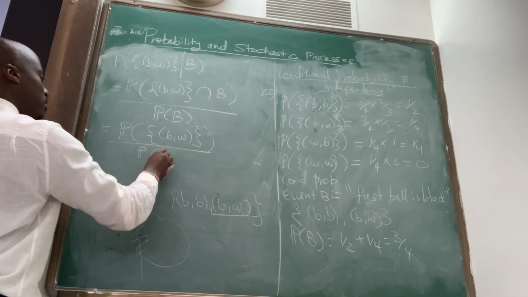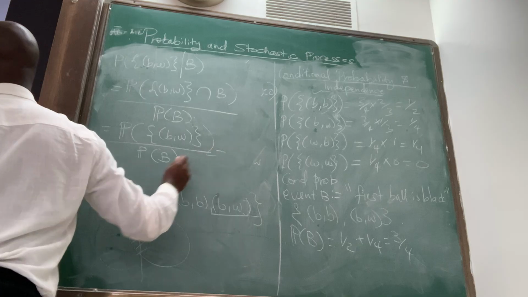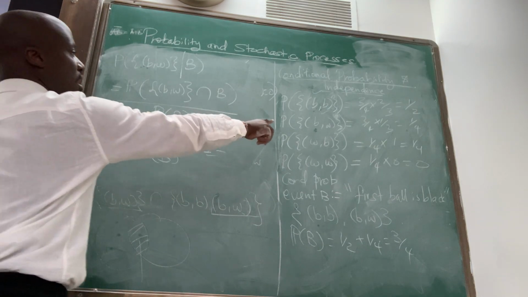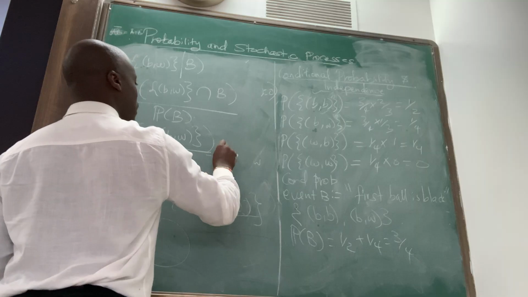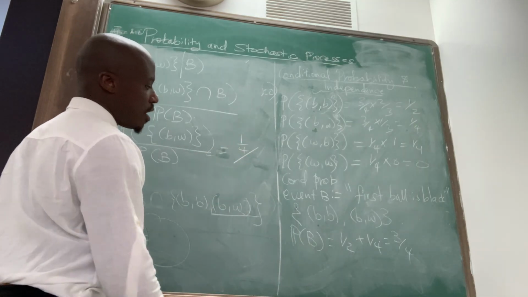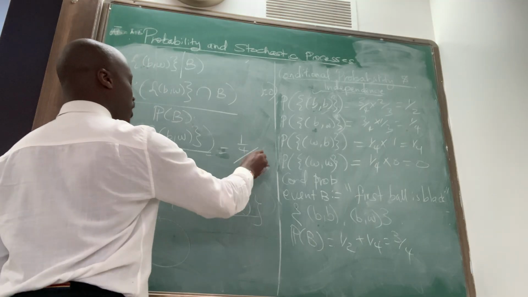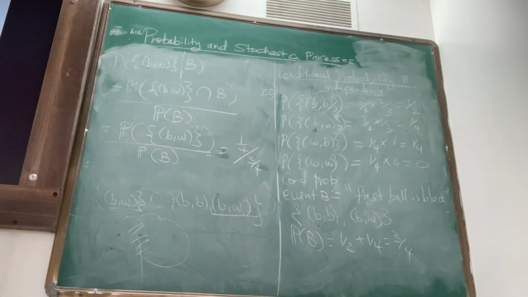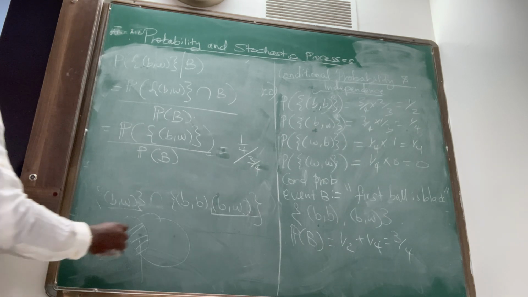probability of B. The probability of BW, we have it here, is a quarter. The probability of B is 3 over 4. So a quarter divided by 3 over 4, what is the answer? That is 1 over 3.